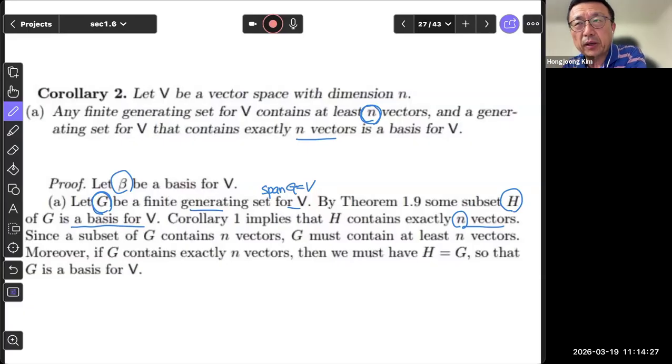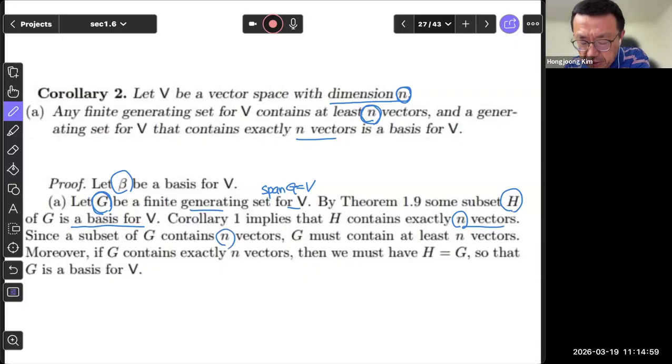So if the dimension of the space is n, and H is a basis, then H contains exactly n vectors.